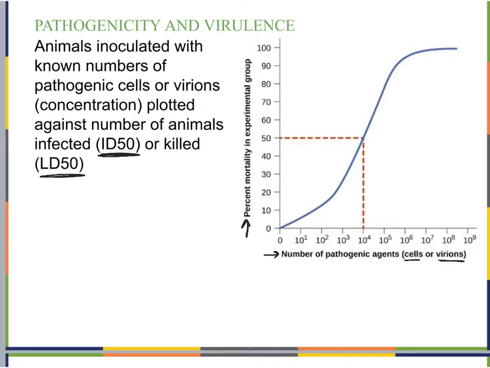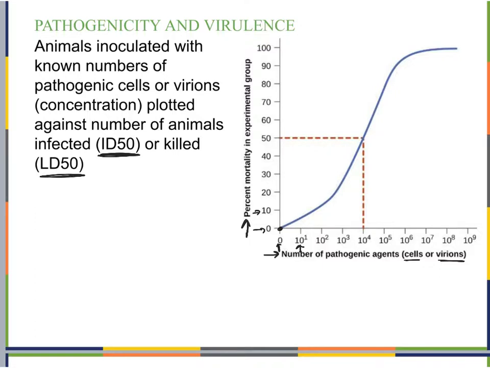In this case, what we're saying is if we give 0 pathogenic agents, then we have 0 that are either infected or die from the dose. And you can see that as we increase the number here, we can increase the number of infected or killed patients.